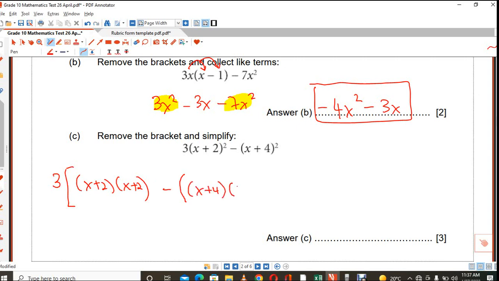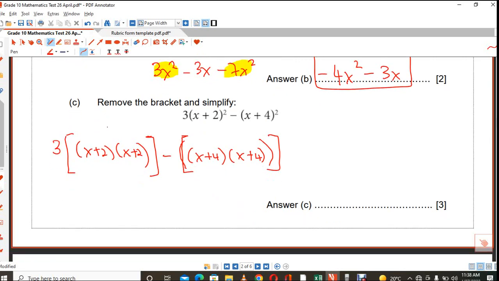The reason why I'm putting x plus 4 also in a different bracket is because this minus is going to change my business that is there. Let me close it here, and let me introduce another one here, because now it looks like that 3 must multiply with everything, but the 3 must only multiply with what is there.